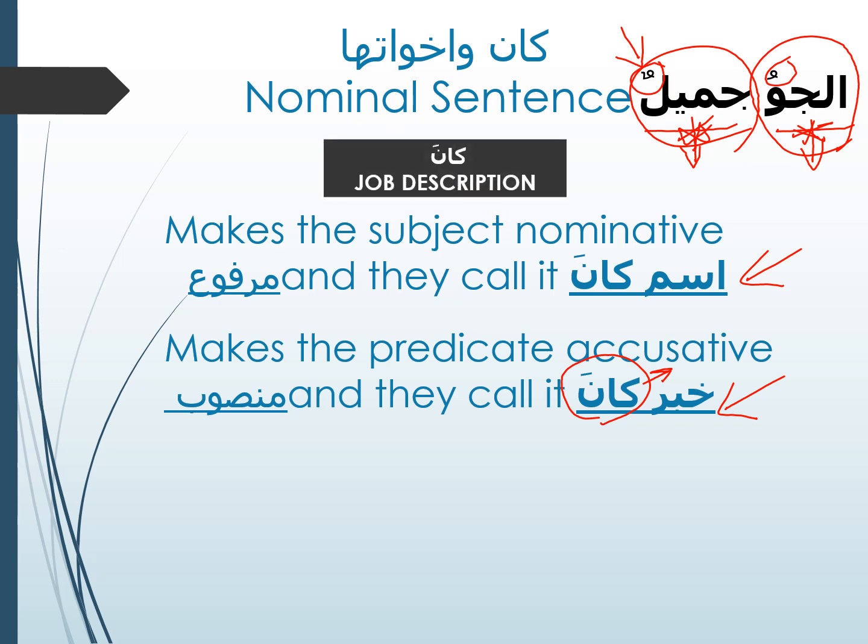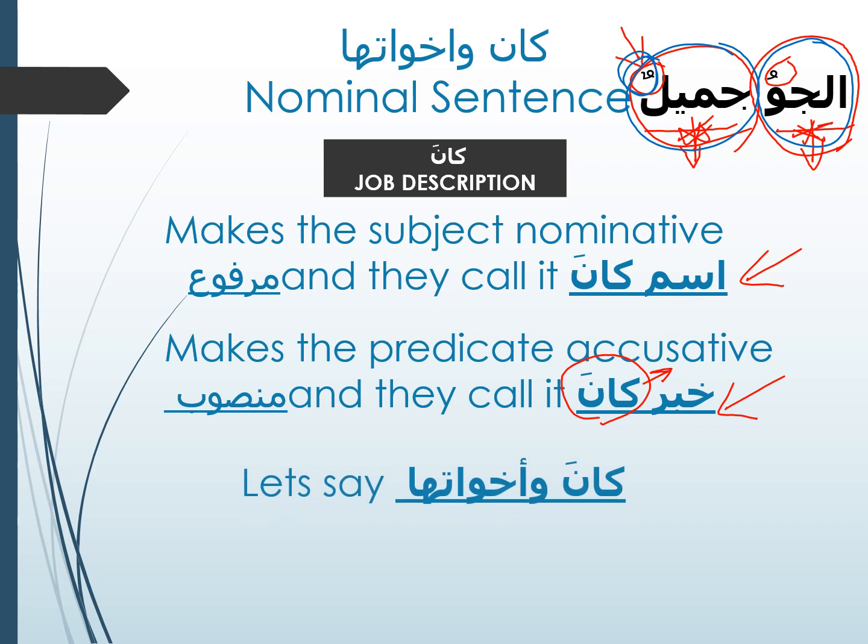So this is kind of job description for Kana. So when Kana enter the nominal sentence, it makes the subject اسم كان. It makes the predicate خبر كان. And it changes the خبر from nominative to accusative, to منصوب. And I will show you some examples right now.